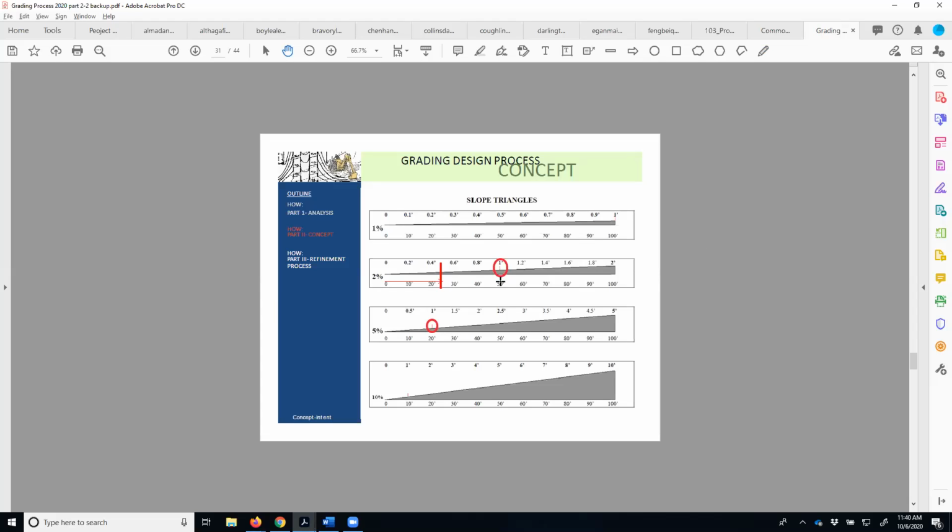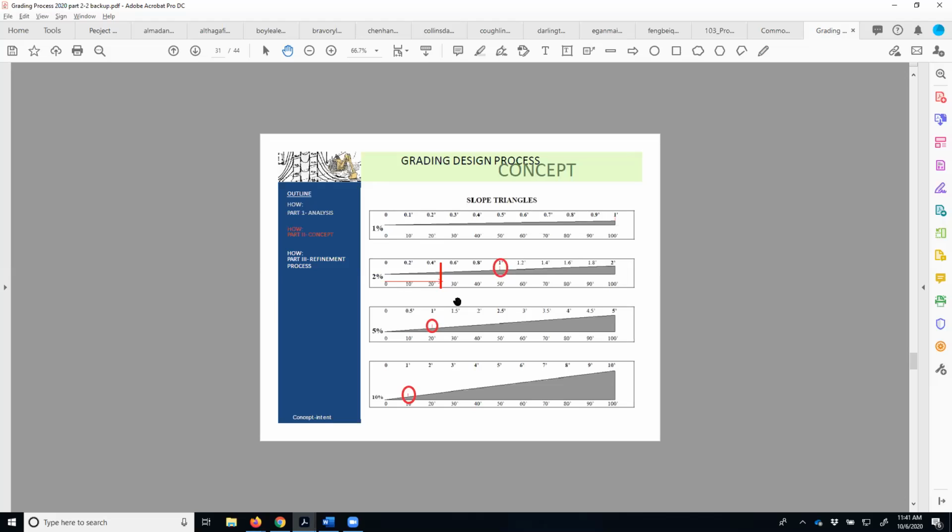So as long as we are between 20 feet and 50 feet, we're going to have an acceptable slope, because that's the range that we can allow. We can actually go up to 10% if we want. So for 10%, if we wanted to go that steep, it could be 10 feet apart.